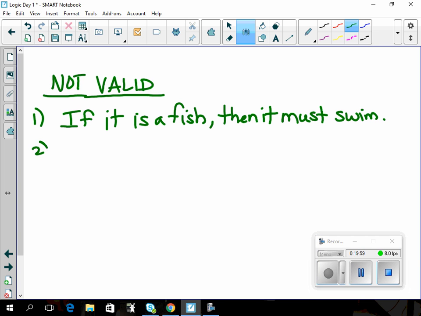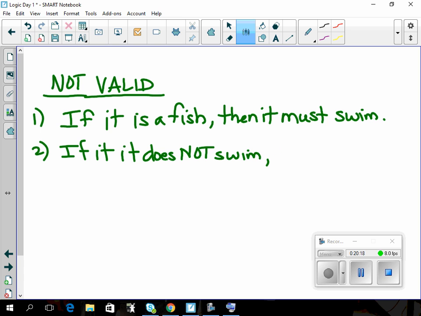My second one might say, if it does not swim, then it drowns. What should the conclusion be? There isn't one. This is not valid.